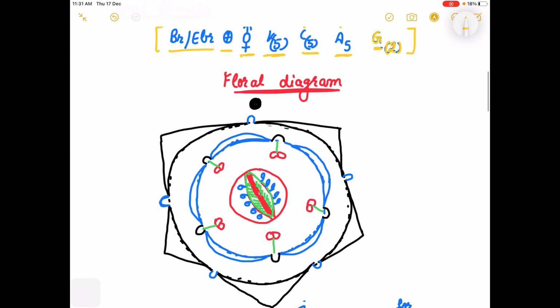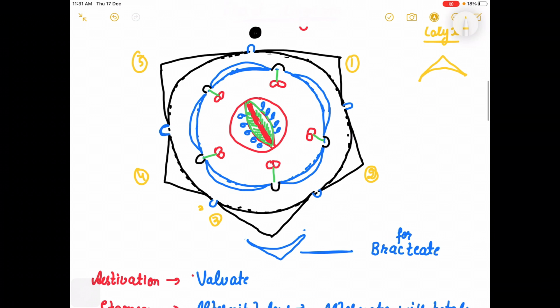Let's now show these terms in the floral diagram. Starting from the first whorl, that is your calyx. How many sepals do we have? That is 5. And how do you show these 5 sepals? With a triangular structure. 1, 2, this is 3, this is 4, and this is 5. Whenever you have to draw a floral diagram, first draw a circle, right?